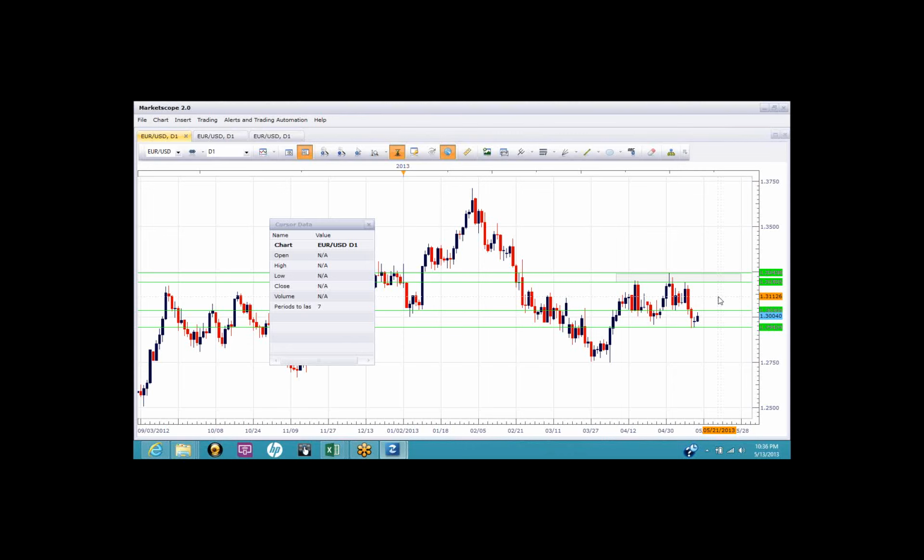Then what can we do to see objectively the price where it's going to retrace to? I need to draw a fib line. Awesome. Alrighty, let's put a fib line there, please. Oh, that's the wrong way.